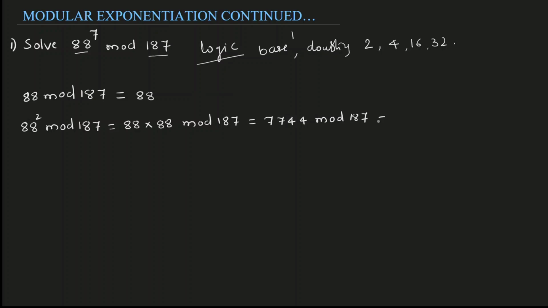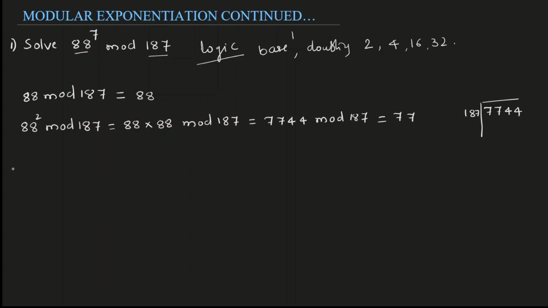So when you divide 7744 by 187, you are going to get 77 as the remainder. How you have to check? Check this by your simple division. Divide 7744 by 187. I am not going to do this. You have to do this and check whether you will get 77 or not.